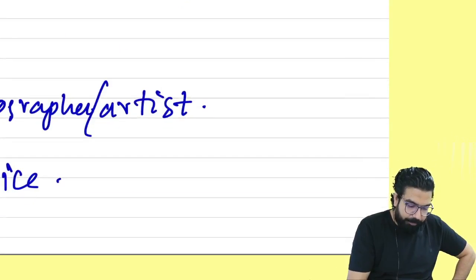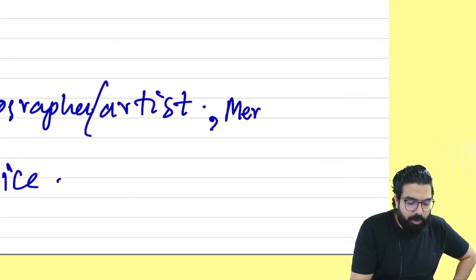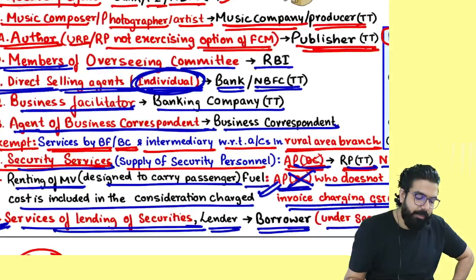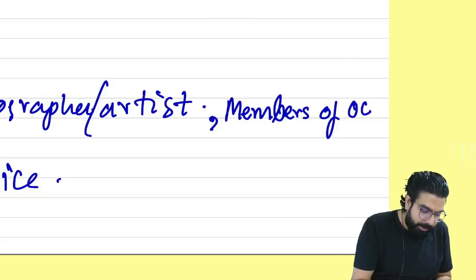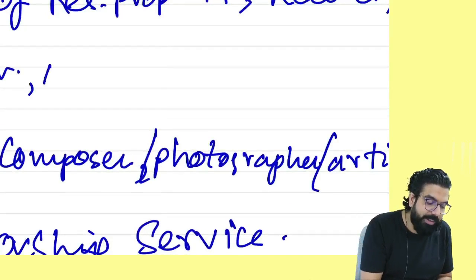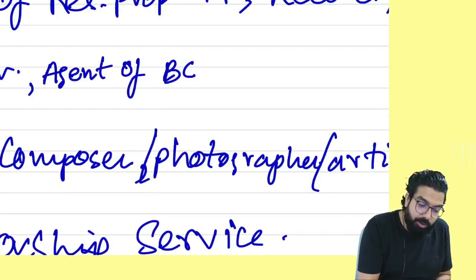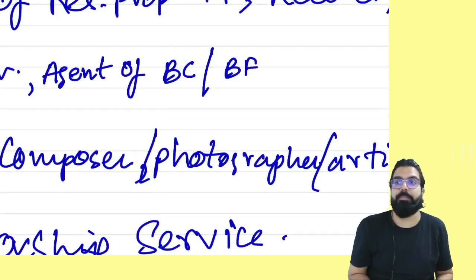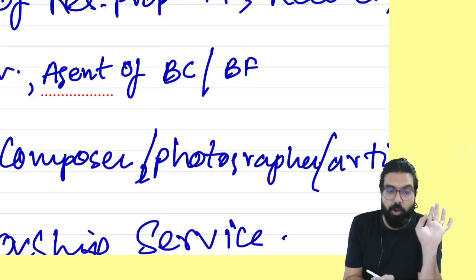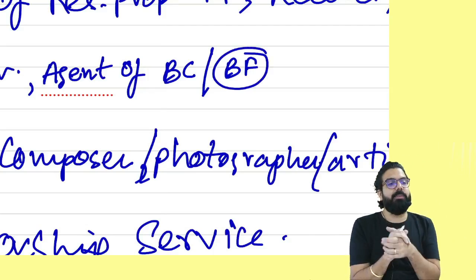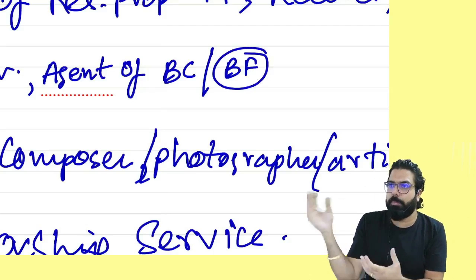M, you can write members of OC, members of overseeing committee, when they are giving services to RBI. Then you have A for agent of business correspondent, and also remember business facilitator, not agent of business facilitator, only business facilitator giving services to banking companies.